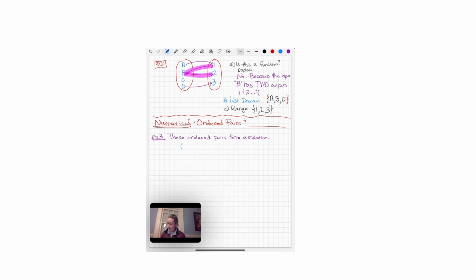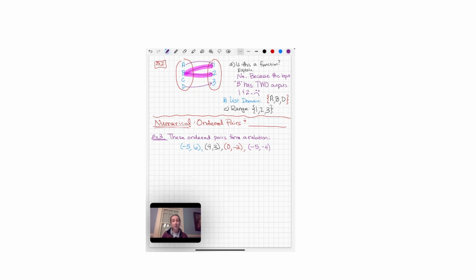I'm going to list out my ordered pairs. -5 and 6, and I got 4 and 3, 0 and -2, and -5 and -4. I'm going to run through those again. So -5 comma 6, that's 1. 4 comma 3. 0 comma -2. And -5, -4.